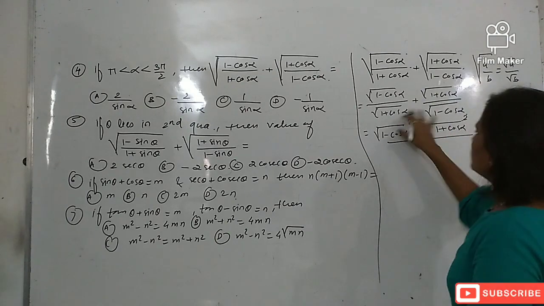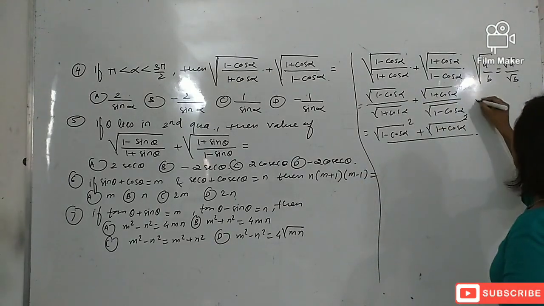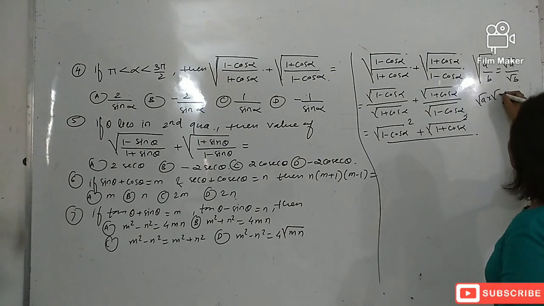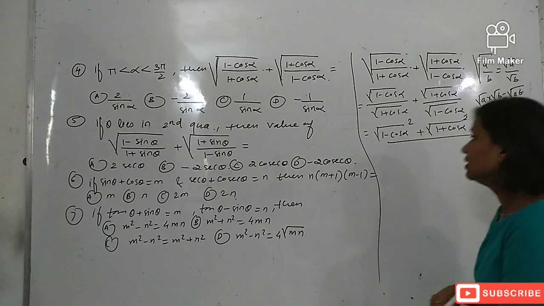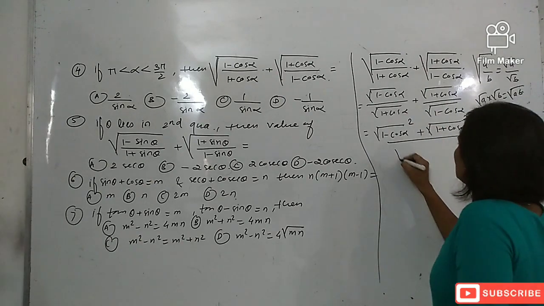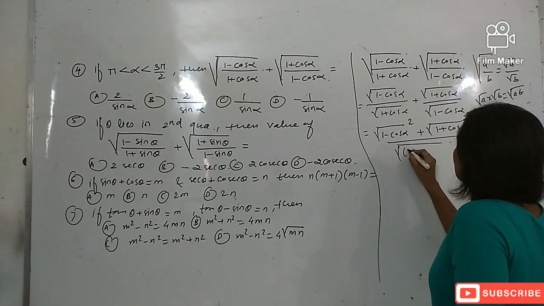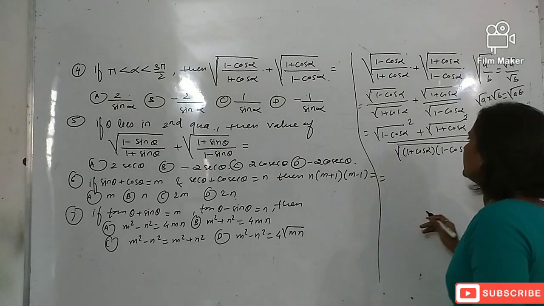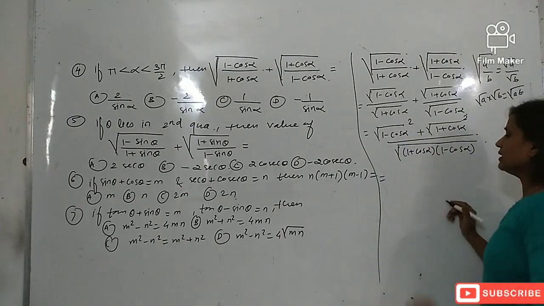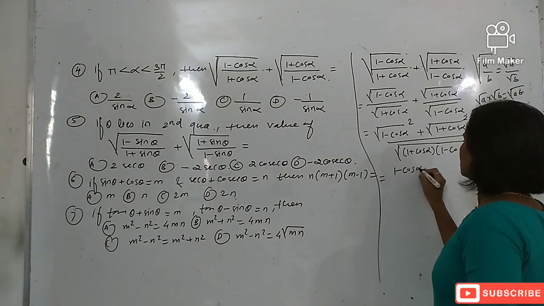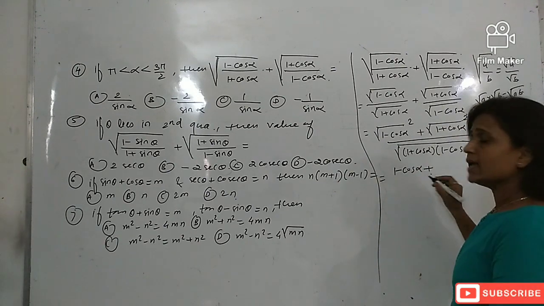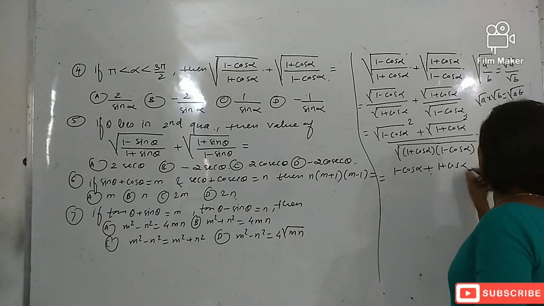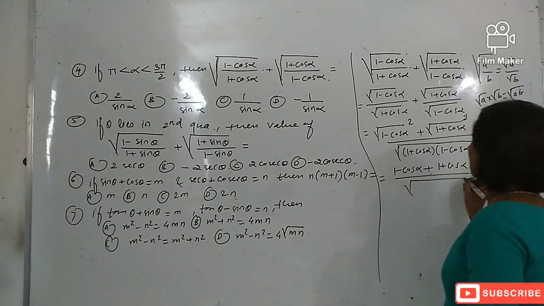And this denominator values are in separate roots, but in the multiplication, root a into root b, I can write as one square root, root a into b. So write these both different values as one root, square root of 1 plus cos alpha into 1 minus cos alpha. Just simplify. So for the numerator, the square and root will get cancelled. So it will get 1 minus cos alpha plus 1 plus cos alpha, divided by square root of.